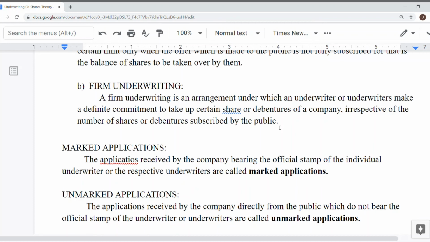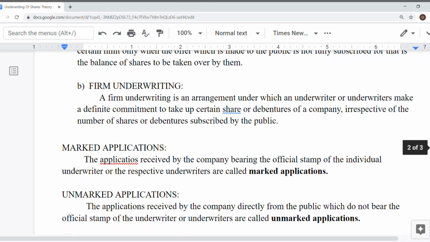Whether the public is subscribing for 50,000 shares or for 60,000 shares, irrespective of what the public is subscribing for, these 35,000 shares which the underwriters have decided on would be given to the underwriters itself. Okay, that is firm underwriting, that they will take a firm decision that they'll undertake 35,000 shares, whatever the situation is or whatever amount of shares is subscribed by the public.